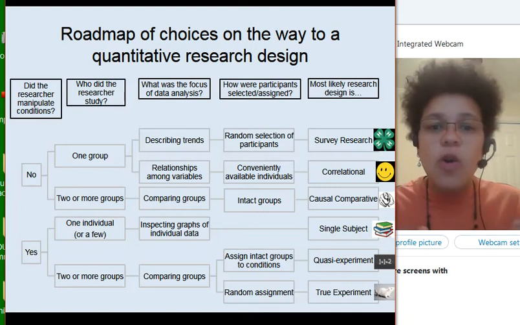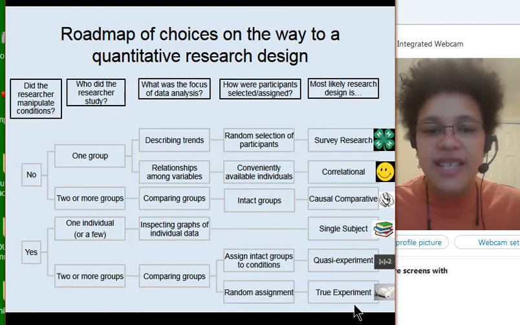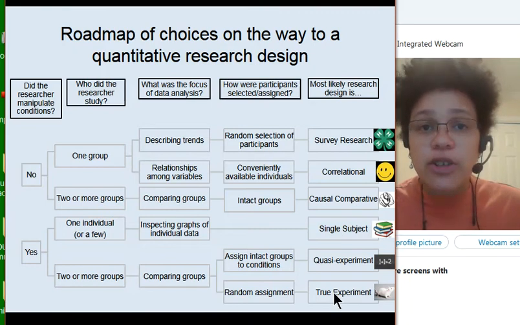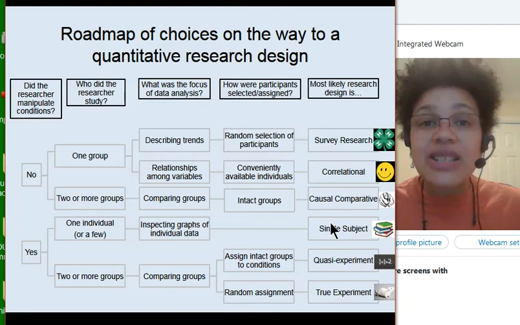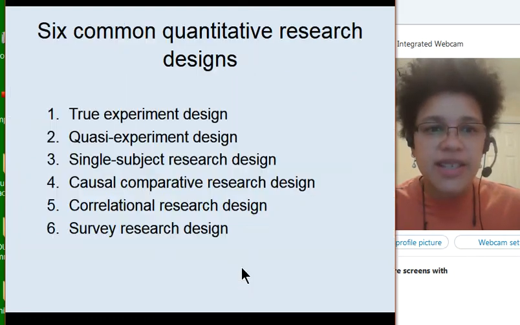We're going to go in order from bottom to top on this little roadmap: true experiments, quasi experiments, single subject research, causal comparative research, correlational research, and survey research. Okay, let's see what the next slide says.